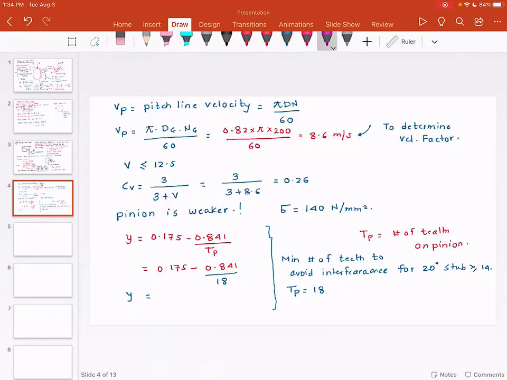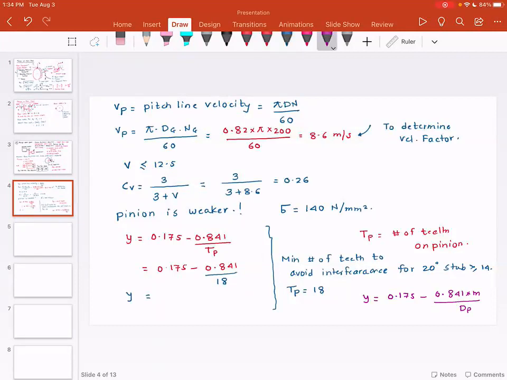Alternatively, you can actually keep Y as unknown. So you can say Y is equal to 0.175 minus 0.841 divided by diameter of pinion multiplied by module.